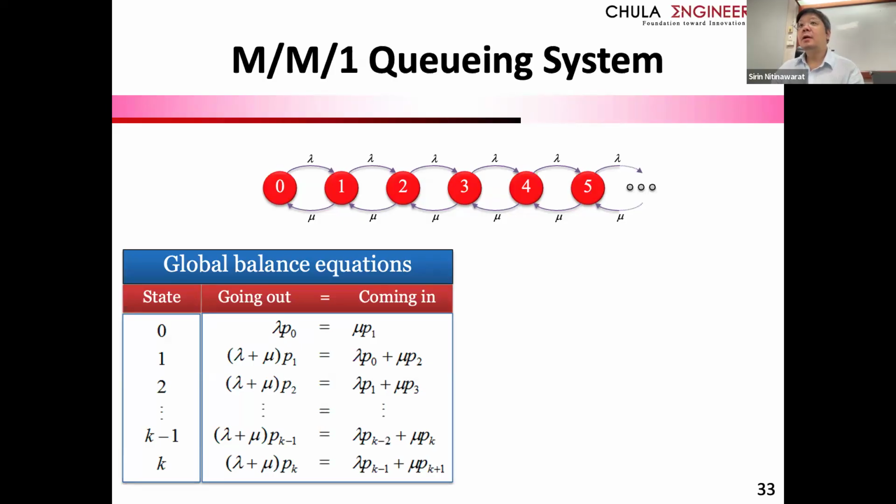Now we have to derive these P's, and the way we do it is by using this system of infinite equations. After we get these infinite equations, how do you think we should proceed? Do you see any pattern?